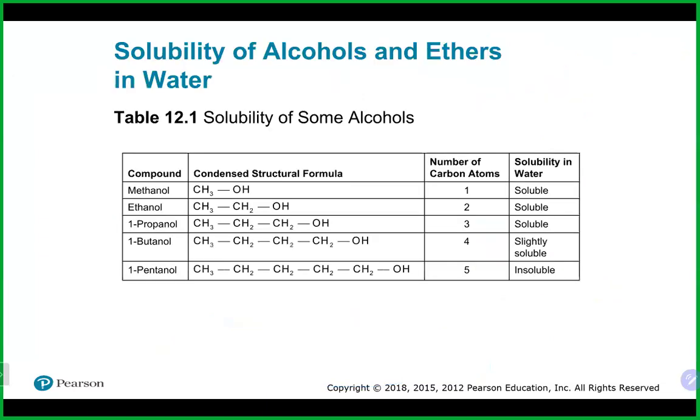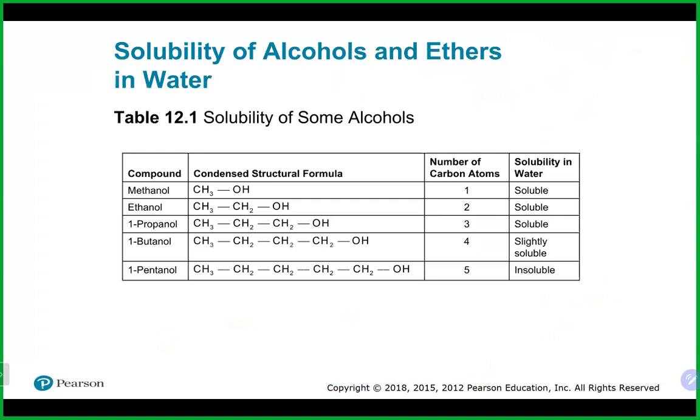So usually right around, I would say, 5 or more carbons, the solubility of, say, alcohols starts to really drop to like nothing. With that being said, if you have an alcohol that has a bunch of OHs in it, so multiple OH groups, that actually increases the solubility.